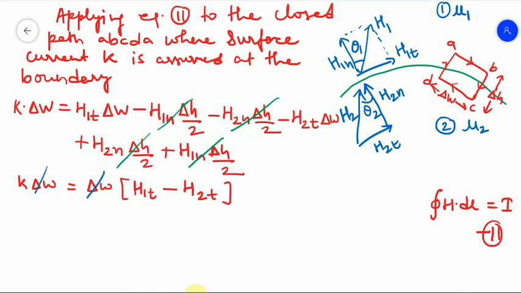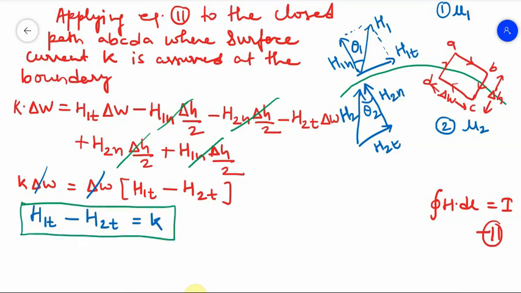So we have only H1T minus H2T equals K. This is the condition of magnetic field intensity at the boundary with surface current density K.